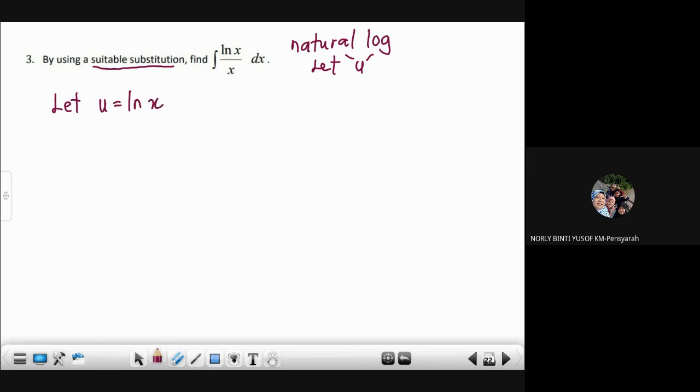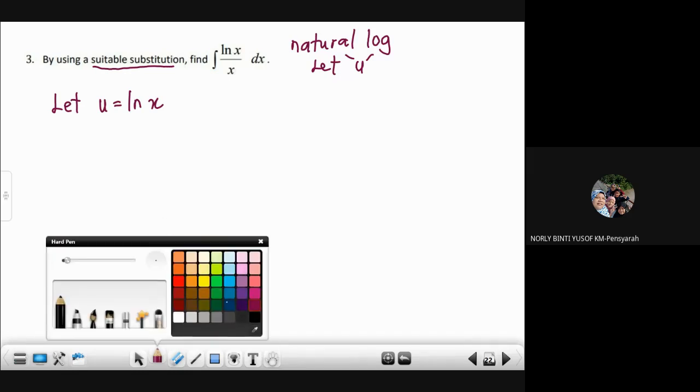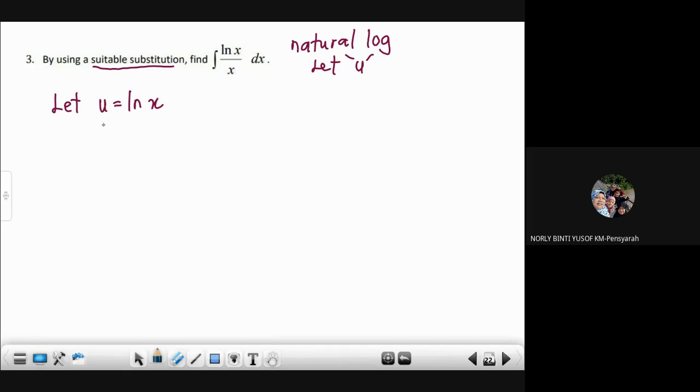Sebab dalam substitution integration ni, you kena pilih u yang betul. Kalau you salah pilih, you tak boleh nak sub the integral as du. Okay, lepas tu you differentiate u respect to x, du dx. So dapat differentiation of ln, dapat reciprocal kan, so 1 over x. Yang ni you boleh ganti as u.